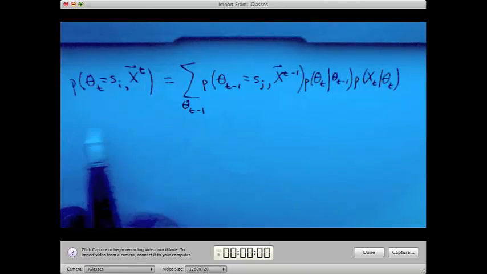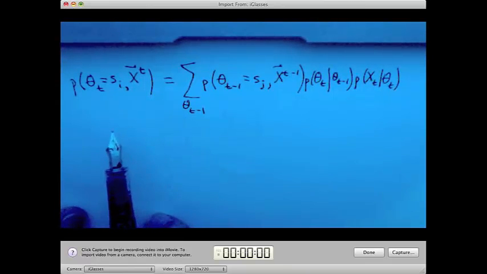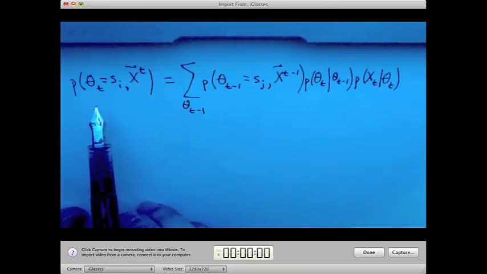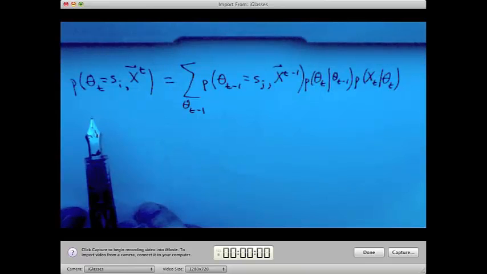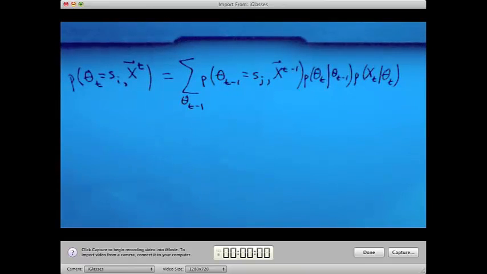So one way of saying this is I'm summing over paths now, right? By the time I get to state theta t, what portion of path space have I summed over? Well, can you give me some kind of description of what set of paths are going to be included in this probability?